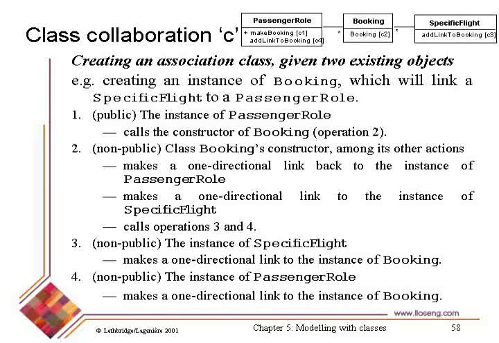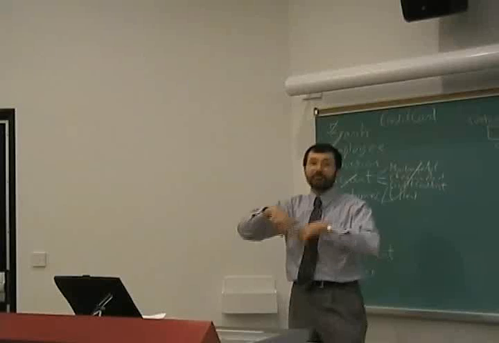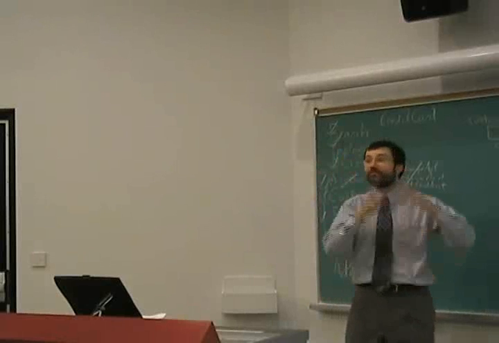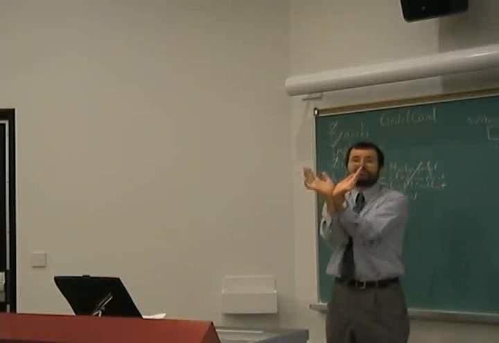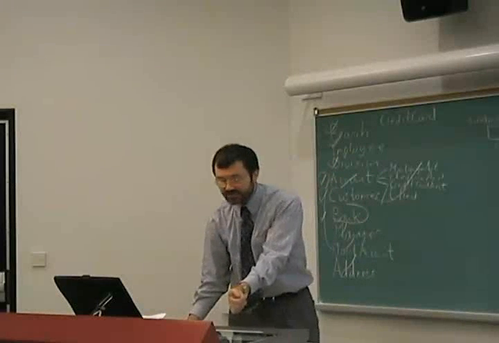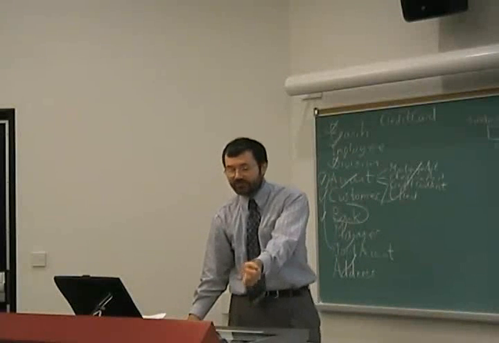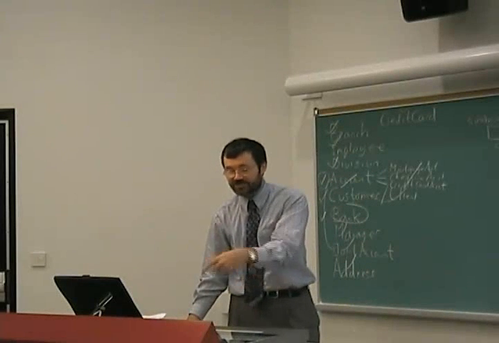Remember, the entire thing that's going on here is this method makeBooking. MakeBooking is being called, and makeBooking calls the constructor, and eventually the constructor returns after all the work is done, and then makeBooking returns. Right? So makeBooking is the main program of this responsibility. By the time makeBooking returns, the booking's constructor has called another method of passenger role, addLinkToBooking, to make the connection to booking.